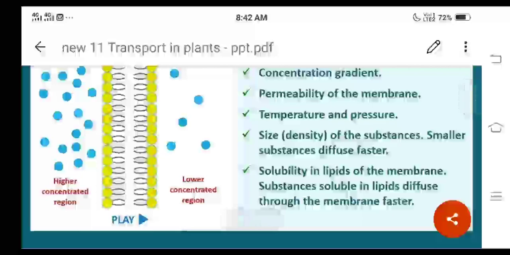It means the substances soluble in lipids diffuse through the membrane faster. Listen here: solubility in lipids of the membrane. So substances soluble in lipids diffuse through the membrane faster, right?